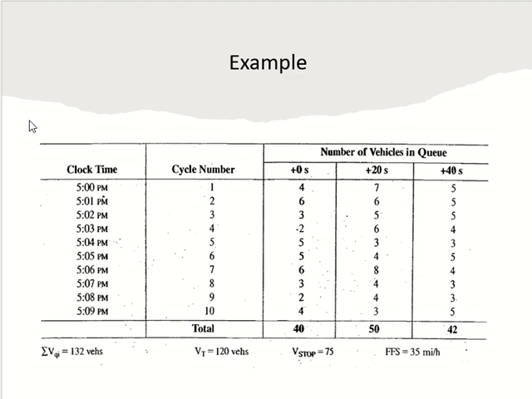In one way, yes, but still the total is the total. If you do cumulative of something, the last number should be the total. No, it should not happen. I told you yesterday as well. If you have an overflow, that means you have a traffic jam at the signal, and we don't do the study at that time. There should be no vehicle from the previous cycle.